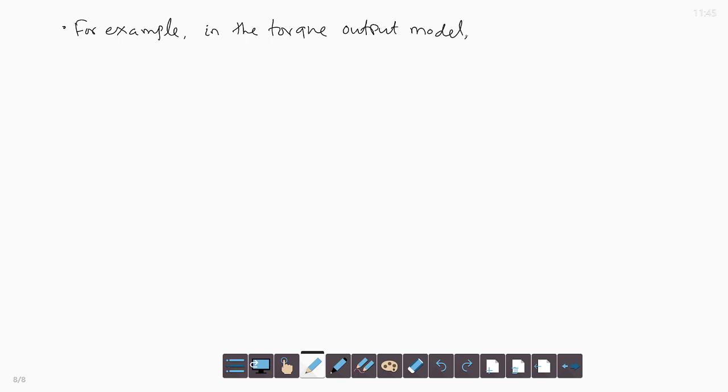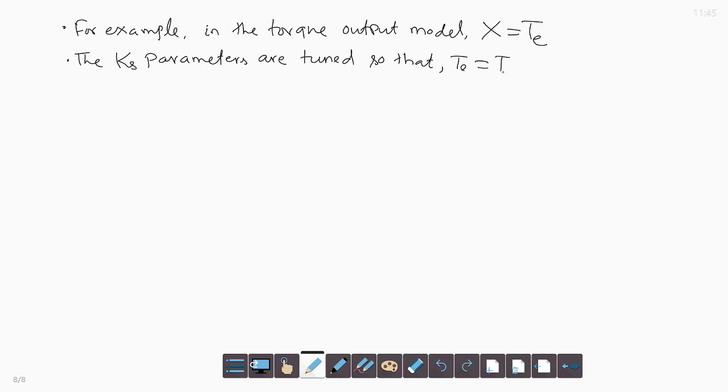In the torque output model, x, the output, is the electromagnetic torque T E. The Ks parameter is tuned so that T E equals T E star.